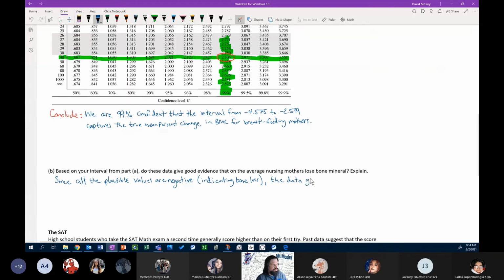The data give evidence that breastfeeding mothers lose bone mineral on average.